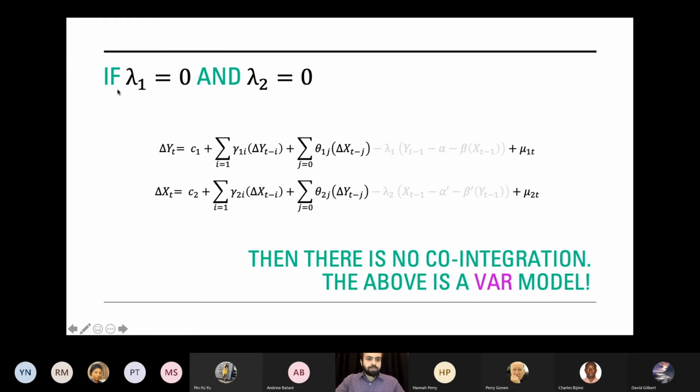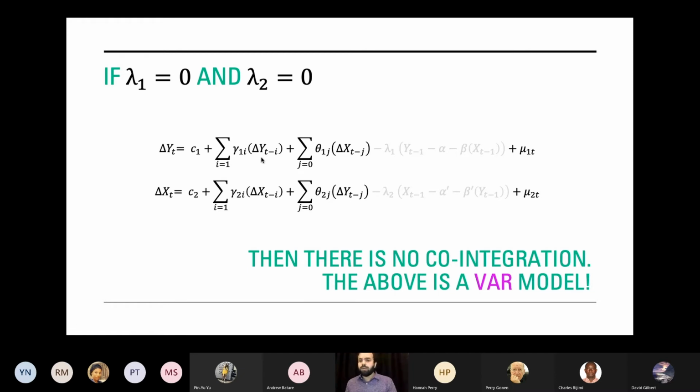Next, if both of these error correcting terms for both XT and YT are insignificant, which means that they're statistically not different from 0, then we don't have any cointegration, we don't have an error correction model. If we take these out of the equation, then we have a vector autoregressive model, which is very similar to what we studied last time for the autoregressive models.